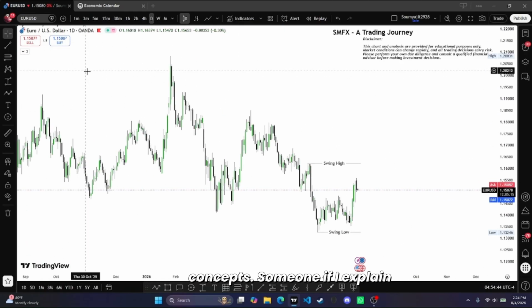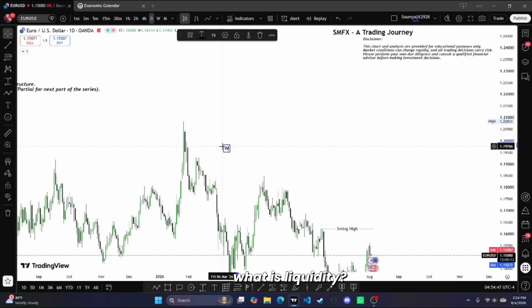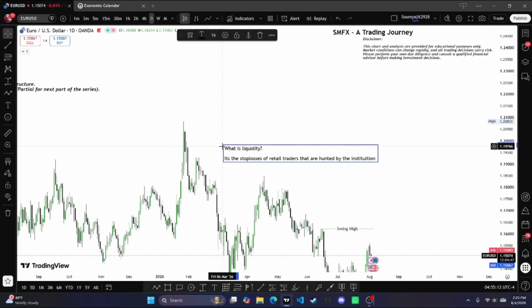Okay, liquidity concepts. So if I explain what liquidity is, it's the stop losses of retail traders that are hunted by the institutions to execute their larger orders.